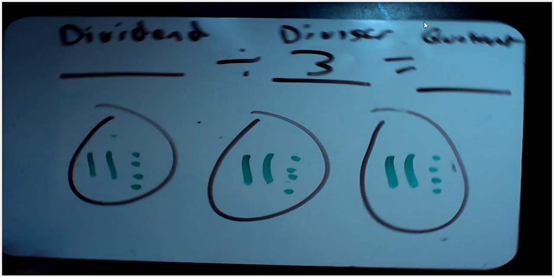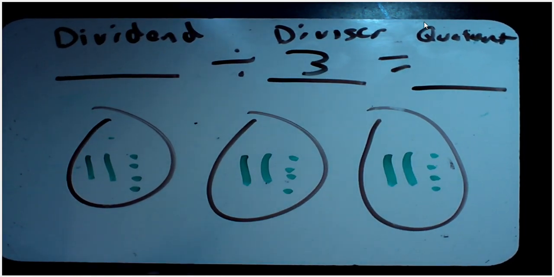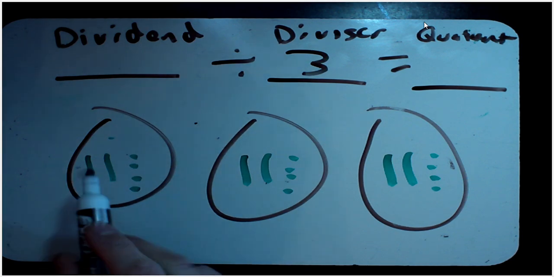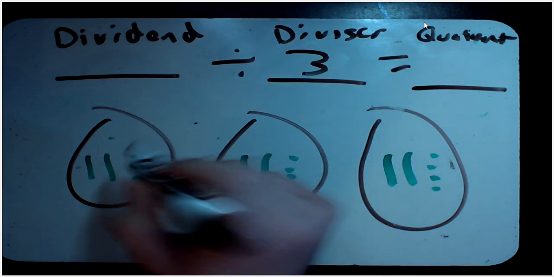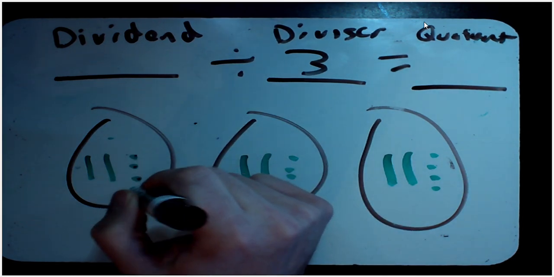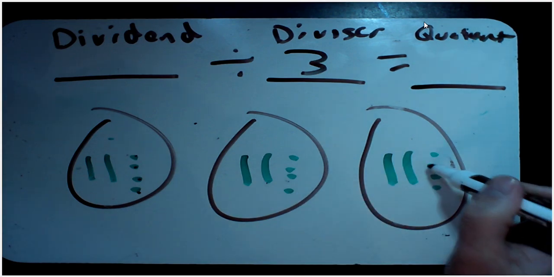The next thing we need to know is how many total items you had. That's the dividend. How many total items did you have that you split into three equal groups? So we have 10, 20, 30, 40, 50, 60, 61, up to 72.